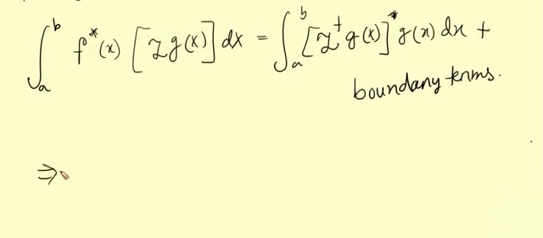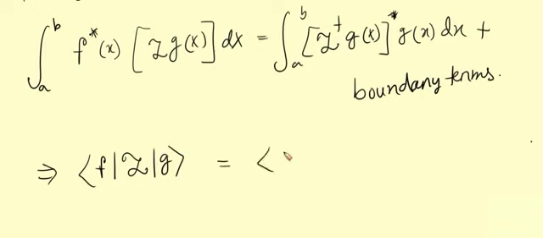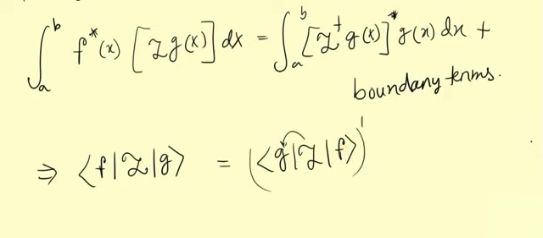So if you write them in the bracket notation, this will just be the bracket of F with calligraphic L acting on G, and this will be just the bracket of G with L acting on F, where this will now act on G rather than acting on F, and this whole thing complex conjugated plus the boundary terms.